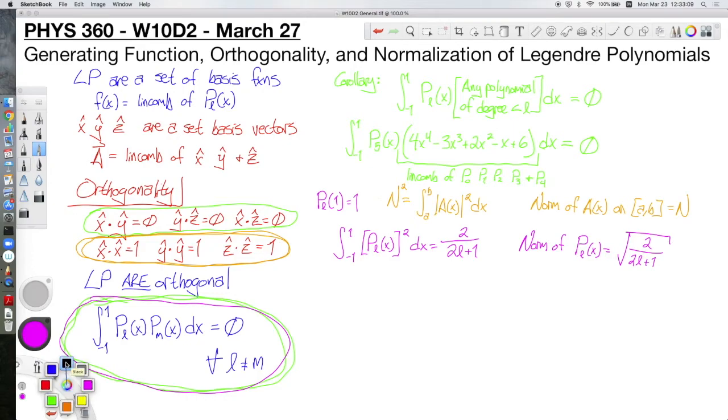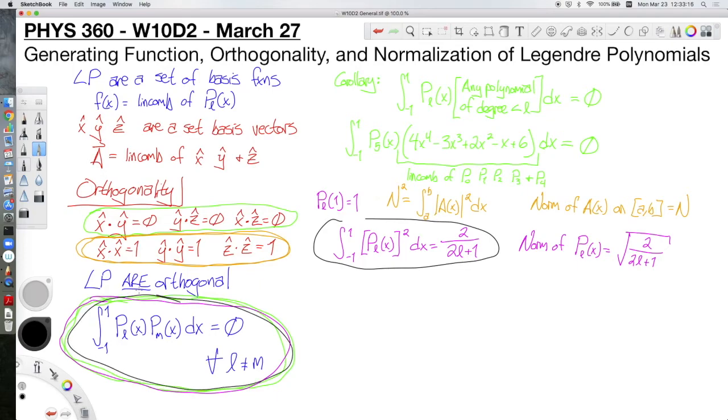So all of this can be written as one equation. By all of this, I mean this equation right here and this equation right here, in the following form. The integral from -1 to 1 of PL of x times PM of x dx equals 2 over 2L plus 1 times delta subscript L m.